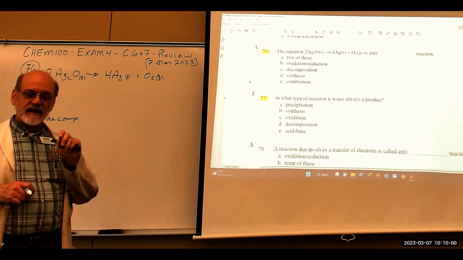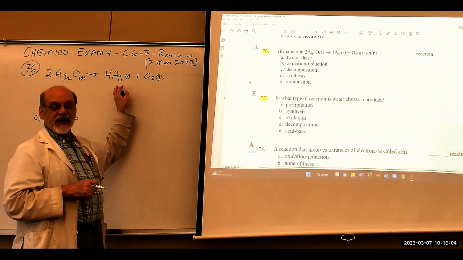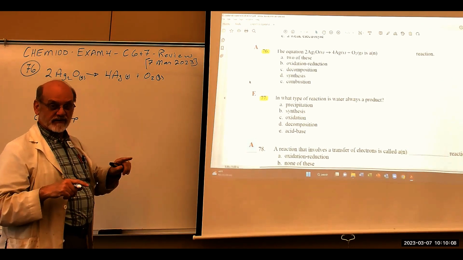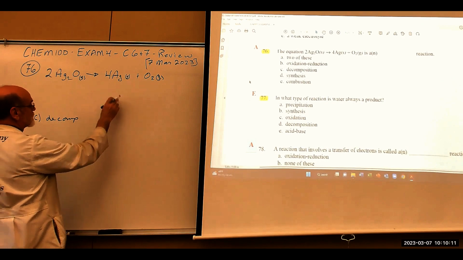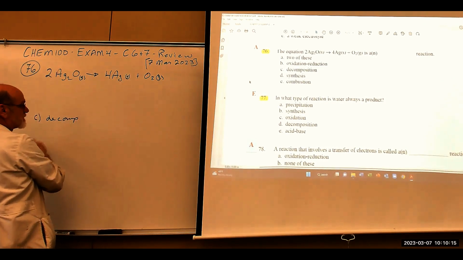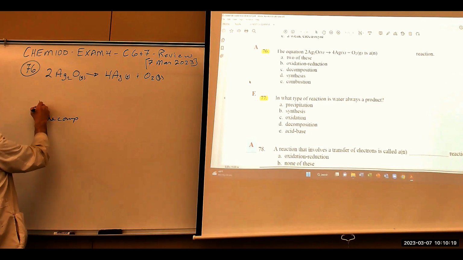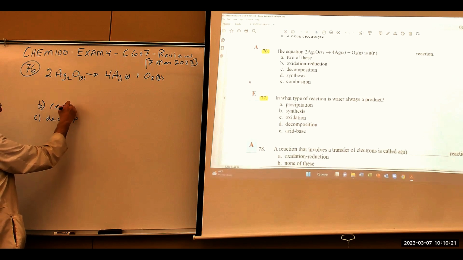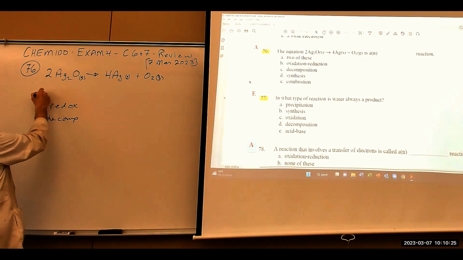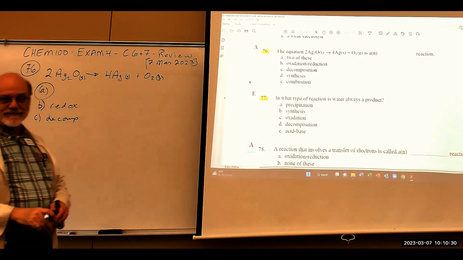If one of the elements is pure on one side and then a compound on the other, that's an oxidation reduction reaction. And we've got two cases. That's in a compound over here, that's in a compound over here. This is a redox reaction. B. Right? So it's two of the above. A is the correct answer.